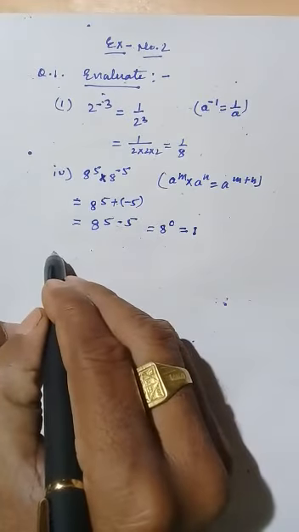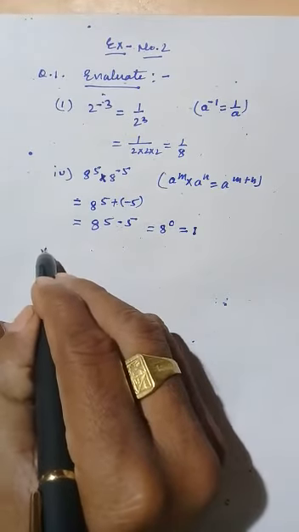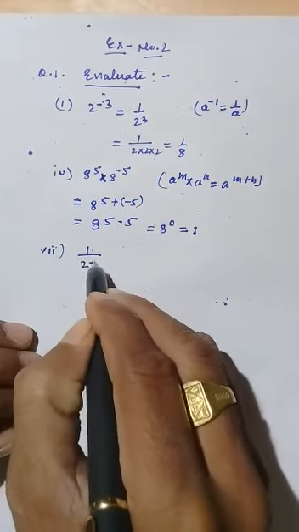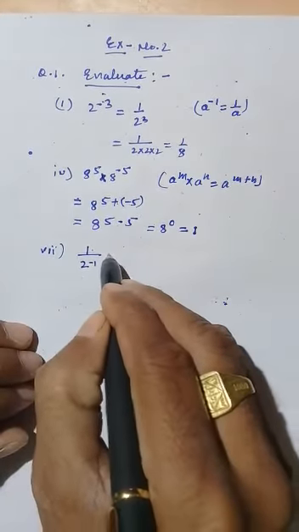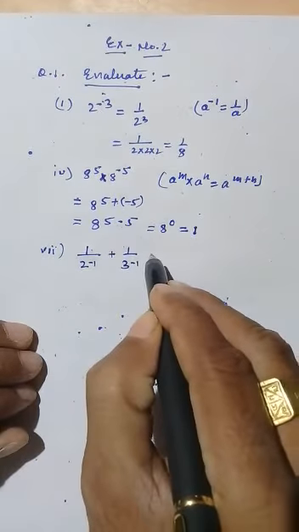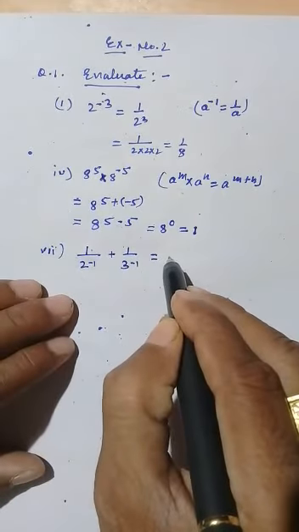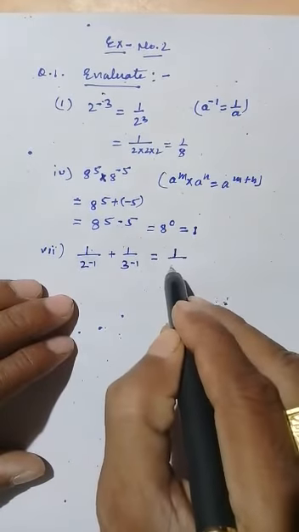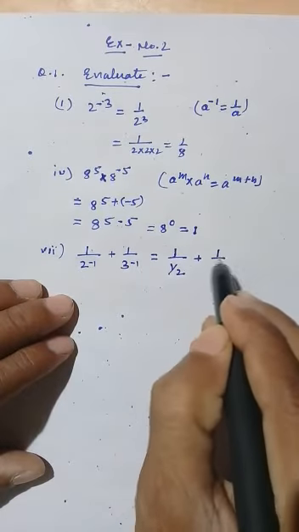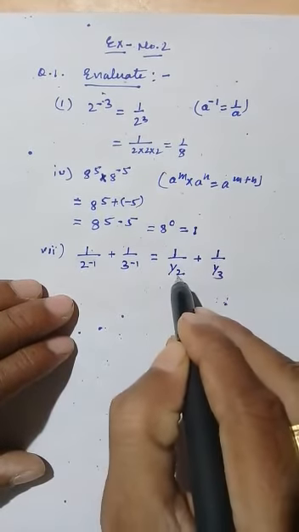Number 7, this is question number 7. We have to take the reciprocal. It will be 1 by 2, and this will be 1 by 3.